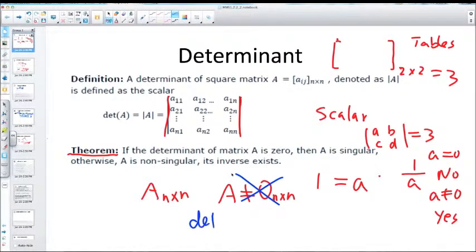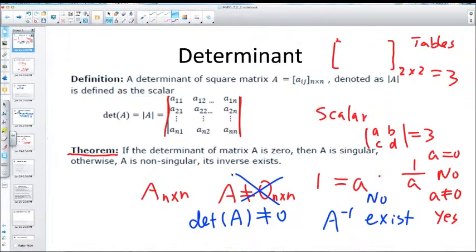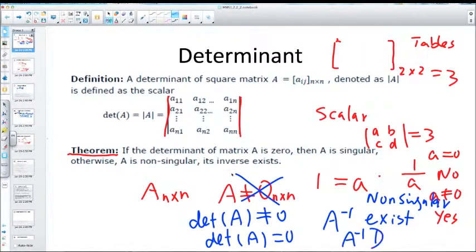Instead, you look at the determinant of A. If the determinant of A is not equal to 0, yes, A inverse exists, non-singular. If the determinant equals 0, A inverse does not exist.